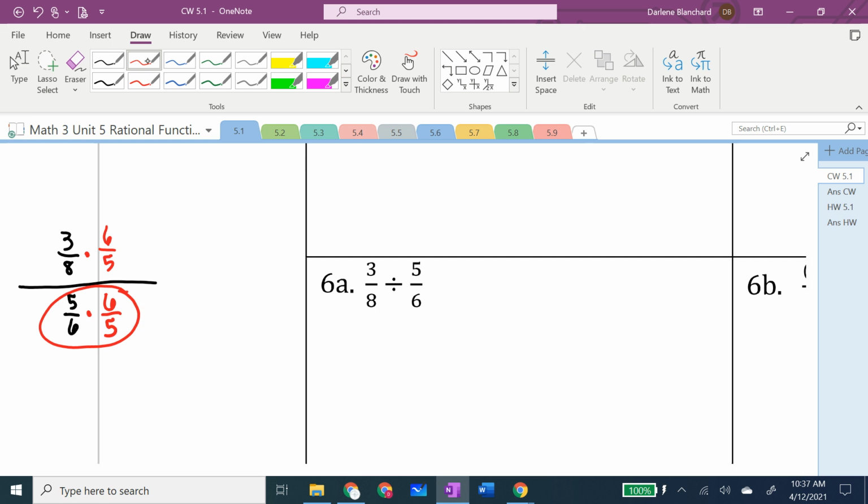So that's why when you see division, you change it to multiply by the reciprocal. So we're going to rewrite. And then my recommendation is see what can cancel before going forward.